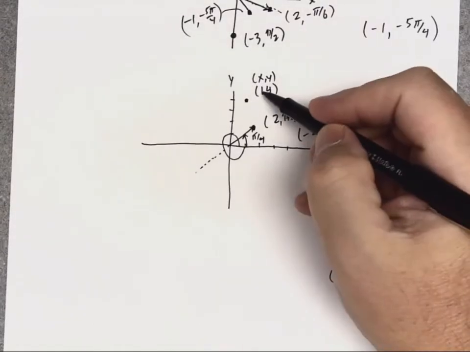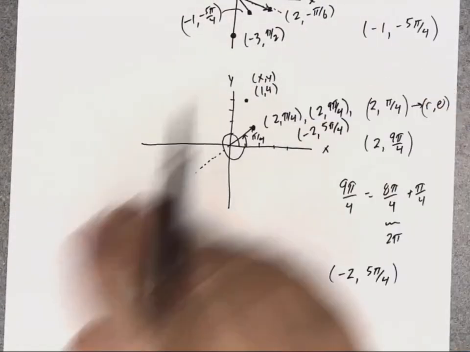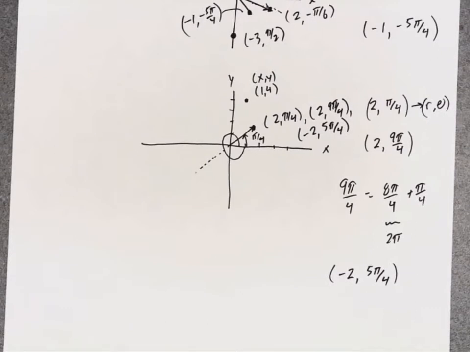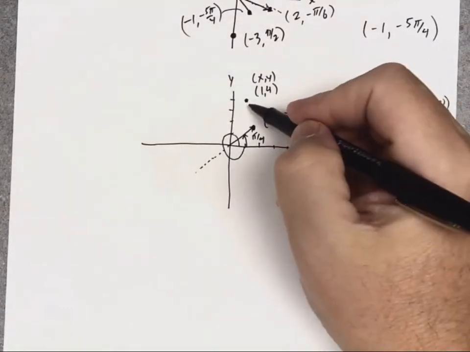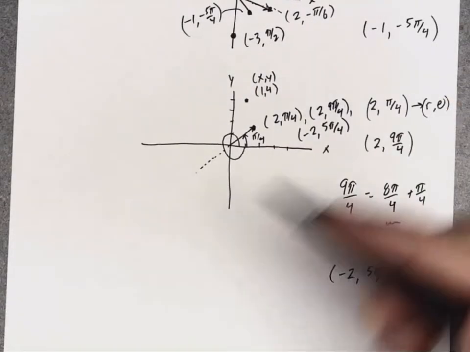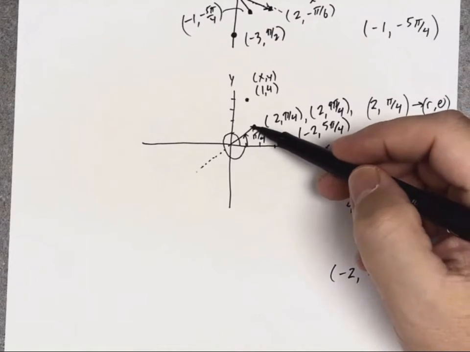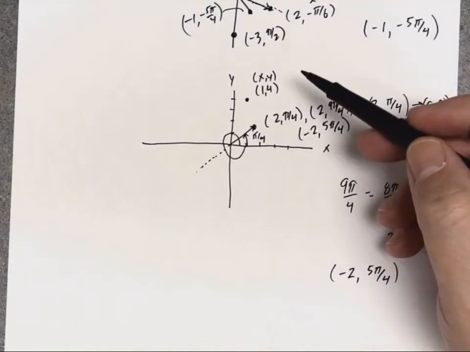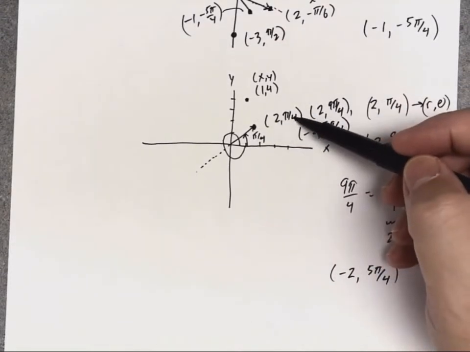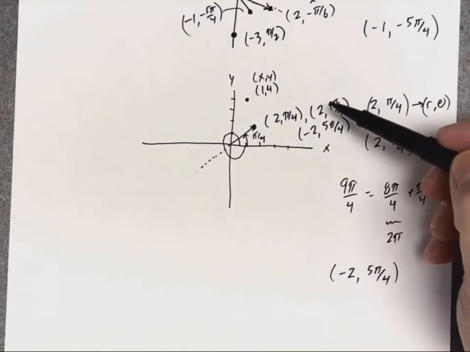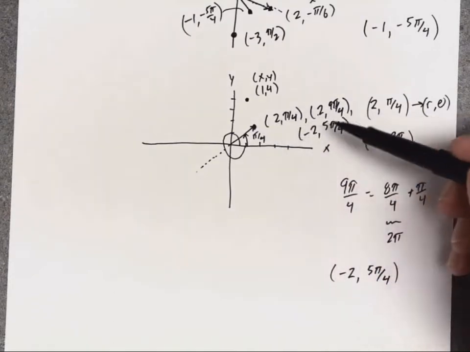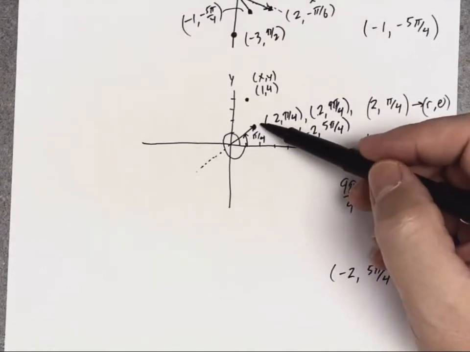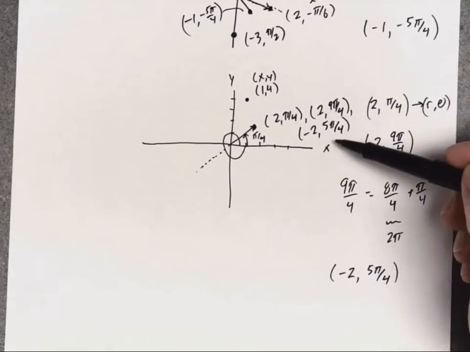This point is x equals 1, y equals 4, and that's it. There's no other xy coordinates that give me that point. However, if I look down here, this point here, in polar coordinates, (2, pi over 4) is this point, (2, 9 pi over 4) is this point, (-2, 5 pi over 4) is this point. If I want to take the time, I could come up with even more.